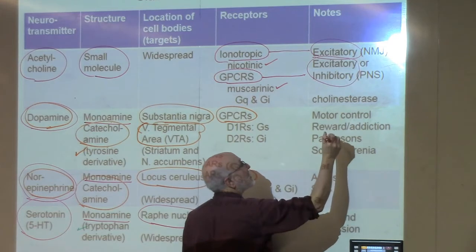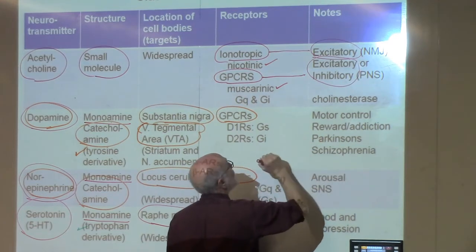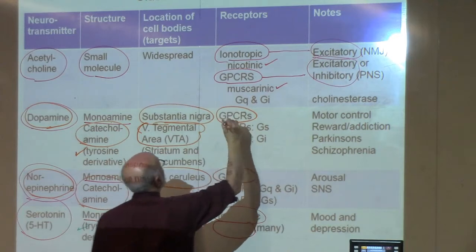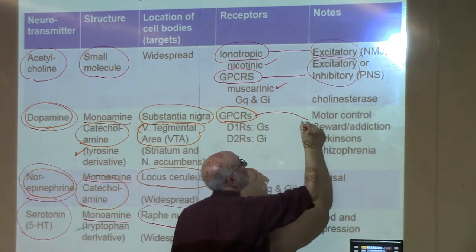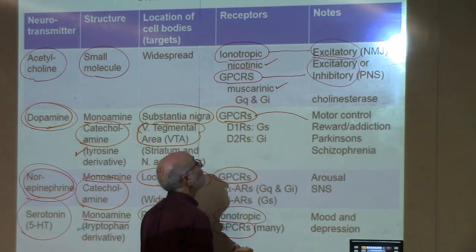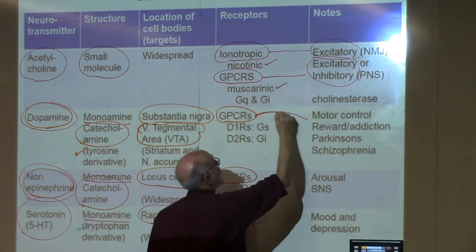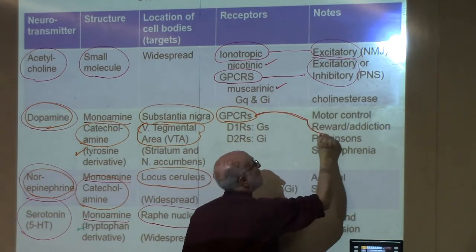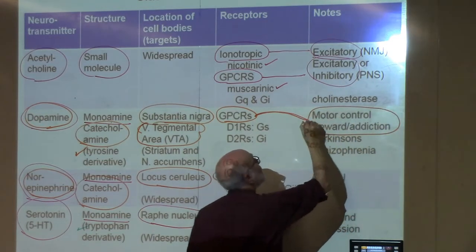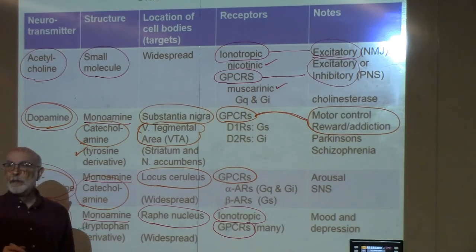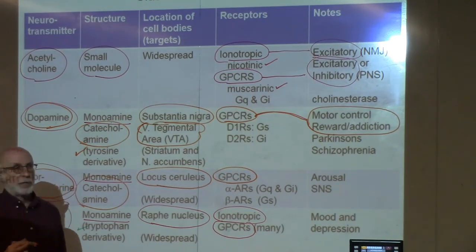I am going to ask you to know that dopaminergic receptors are important in several physiological functions. We're going to see them in the motor system, and we're going to talk about them in the reward system, which is related to addiction.